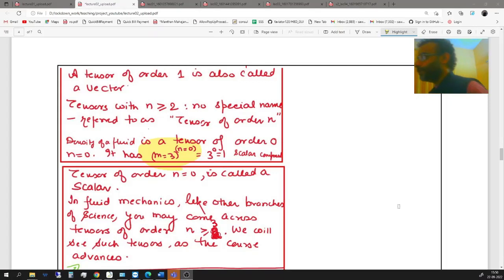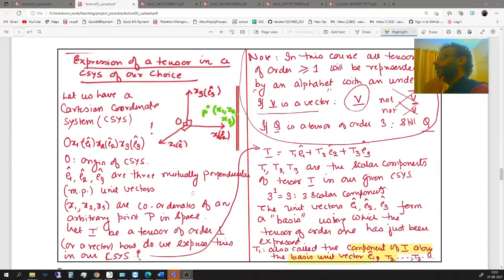So that is why it is important for us, before we start fluid mechanics, to have some basic concepts about tensors. Now let's talk about how to express a tensor in a coordinate system of our choice.